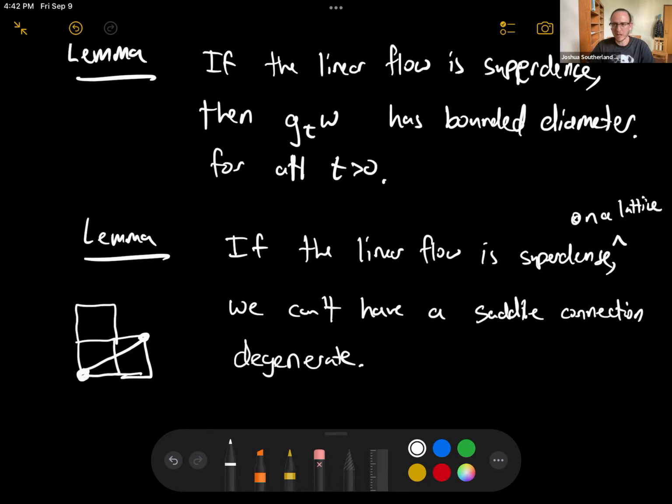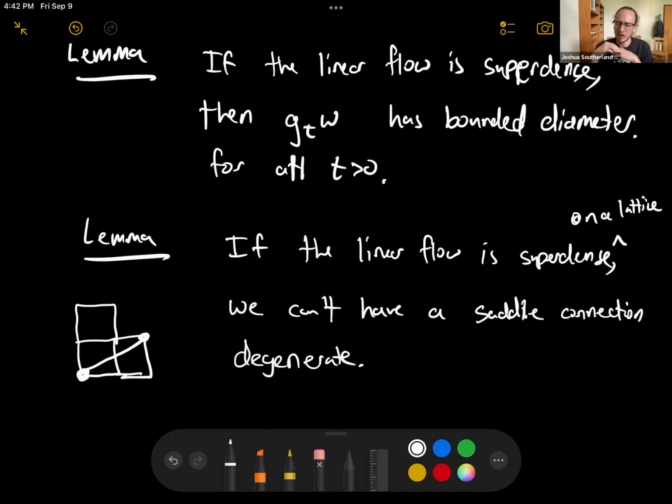And the reason why is because if you have a saddle connection that's degenerating under this geodesic flow, it's vertical, which means that you have a cylinder next to it on a lattice surface. And you have a closed trajectory, and that's the first example that I gave of something that's not super dense, right? Closed doesn't really work.